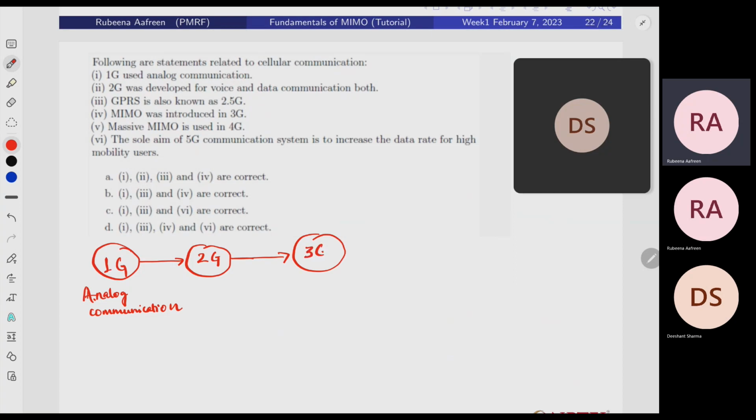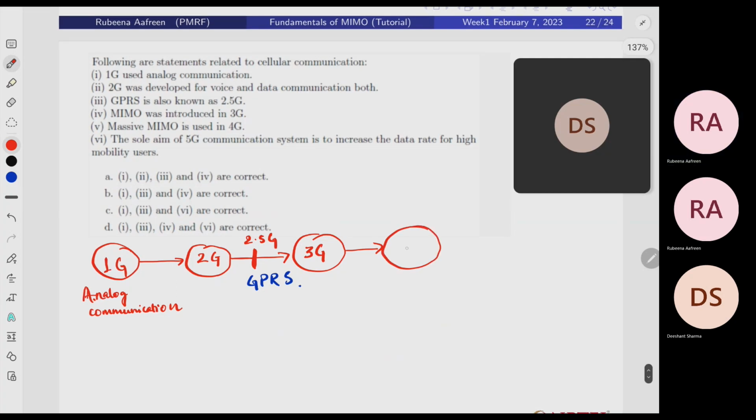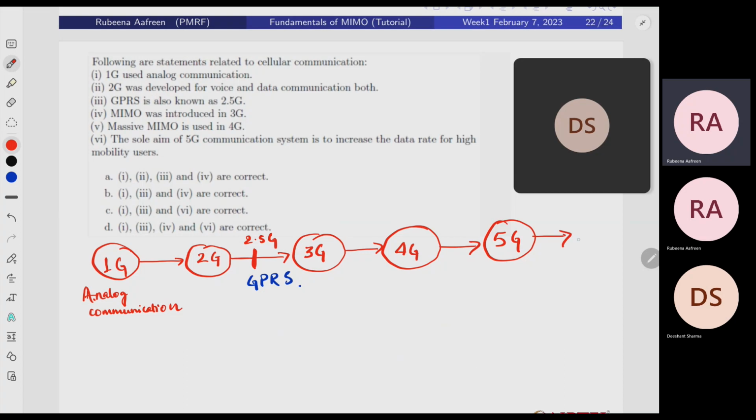And then we moved on from 2G to 3G. In between, there was a 2.5G where we introduced GPRS. And then we moved from 3G to 4G, then 4G to 5G, and now we will be going towards 6G. GPRS was introduced in 2.5G. After 4G, MIMO was introduced.